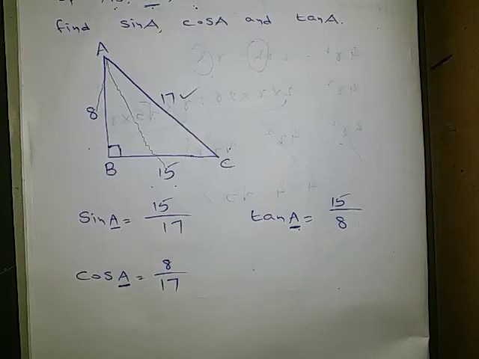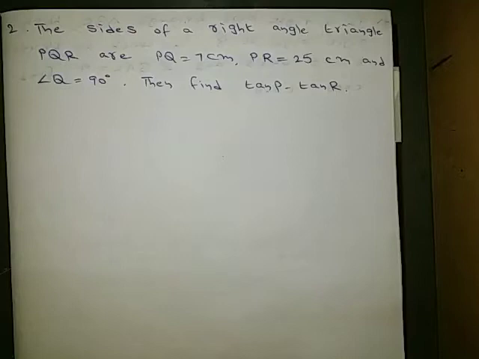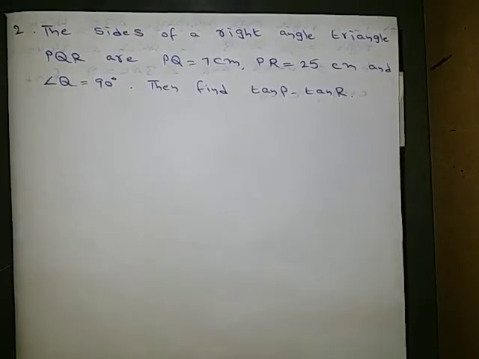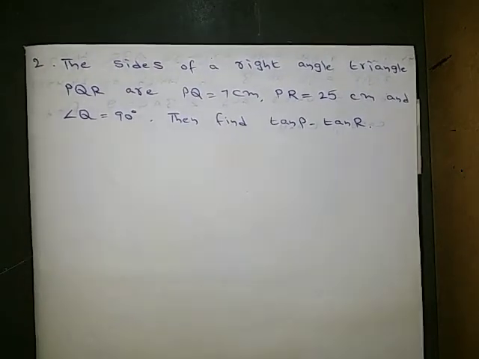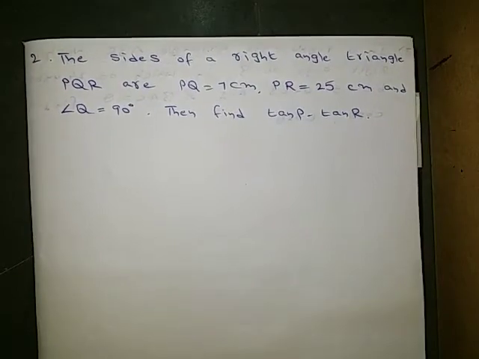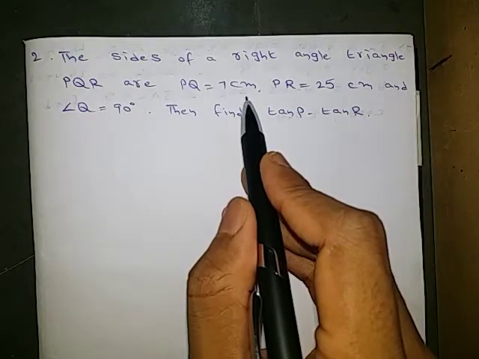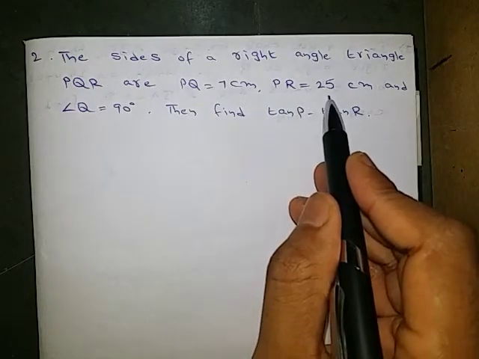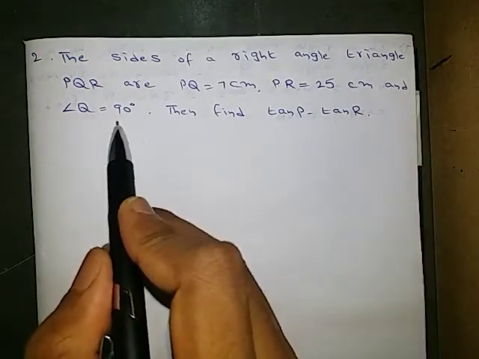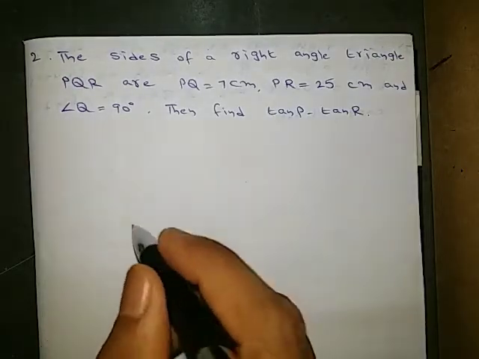Okay, let's move to the next question. The next question is: the sides of a right angle triangle PQR are PQ equal to 7 centimeters, PR equal to 25 centimeters and angle Q is 90 degrees.